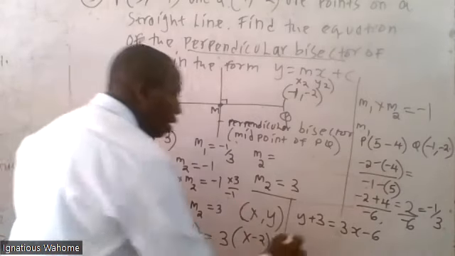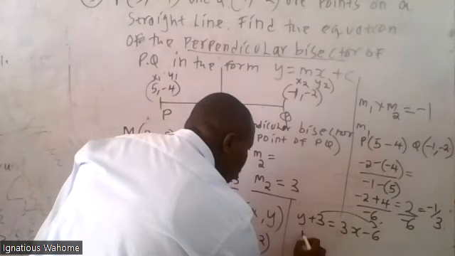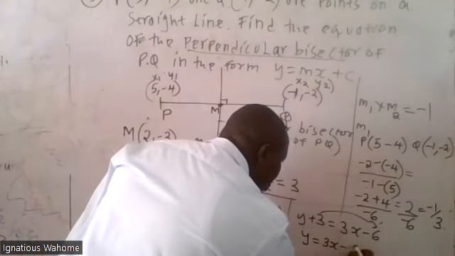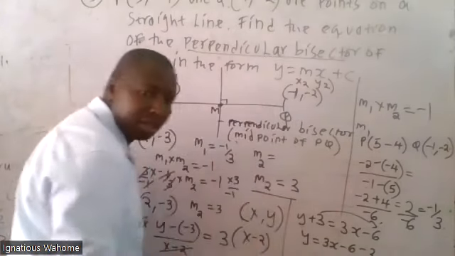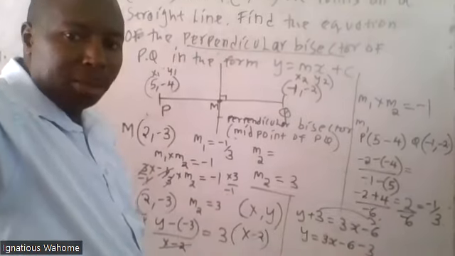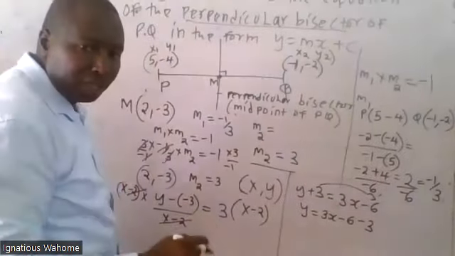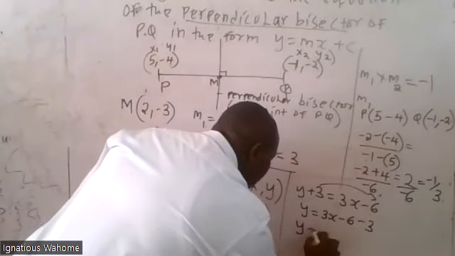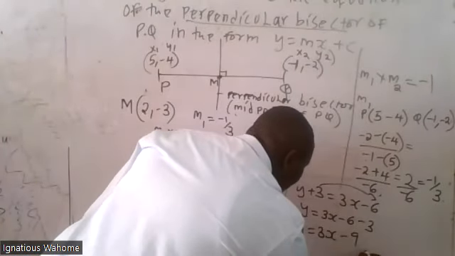So what is y? Take the 3 to the other side: y is equal to 3x minus 6 minus 3. So y is equal to 3x minus 9.